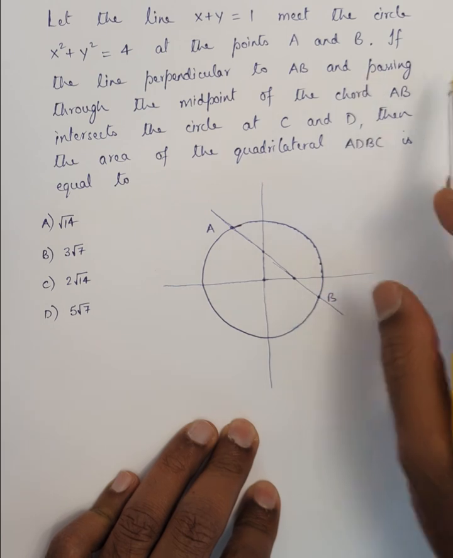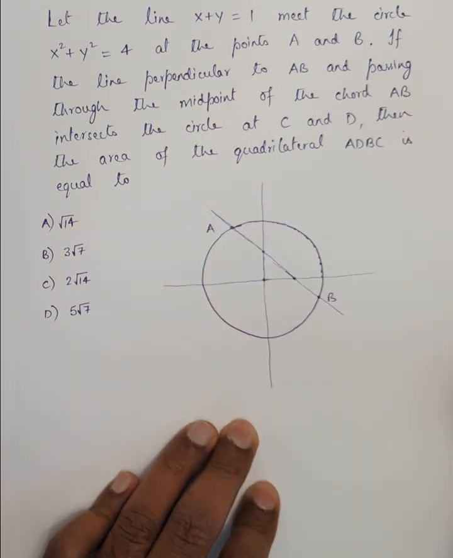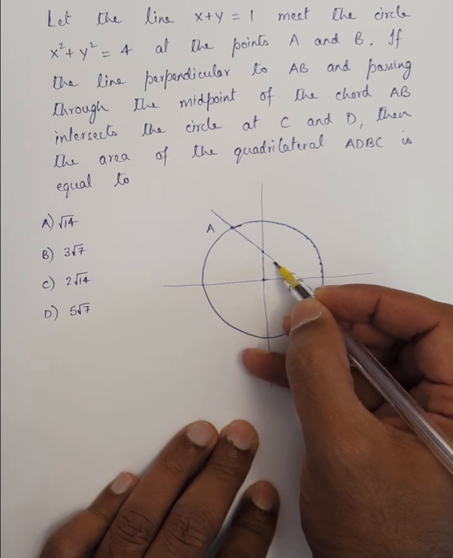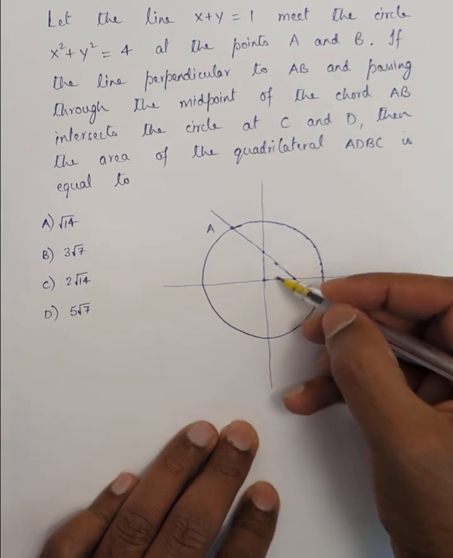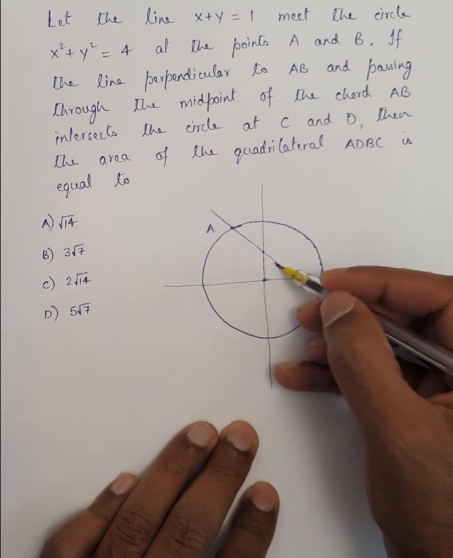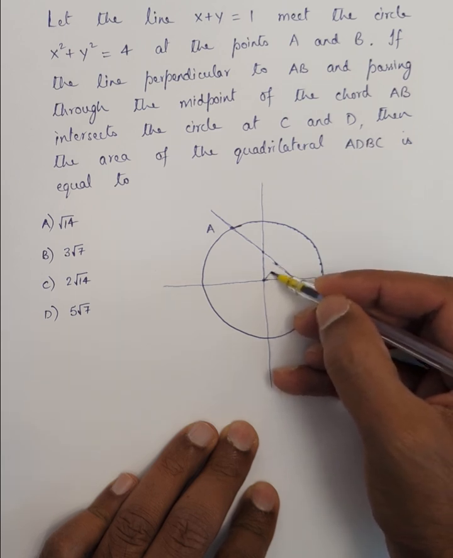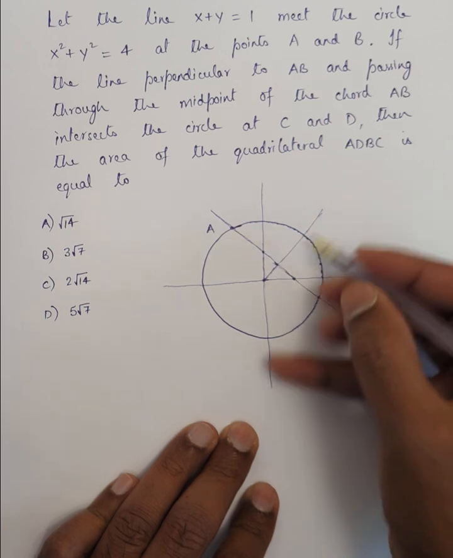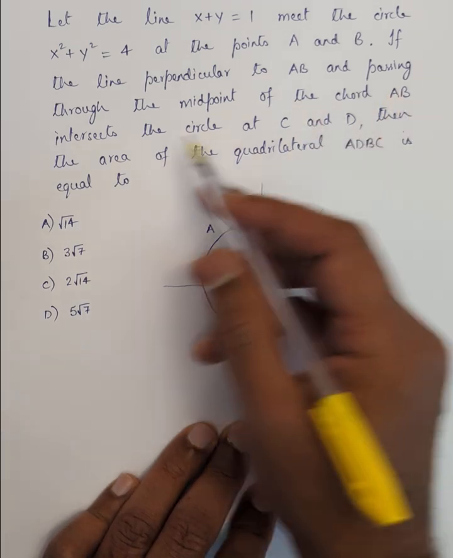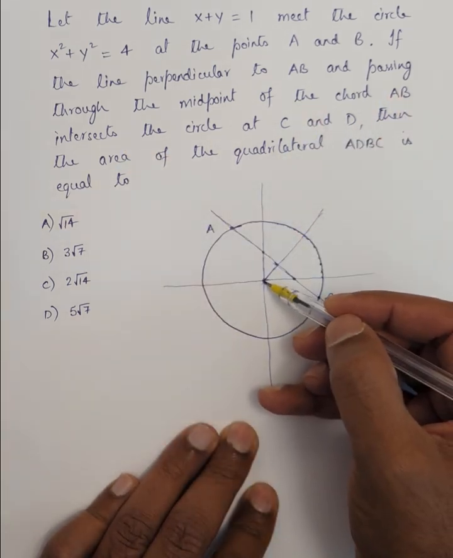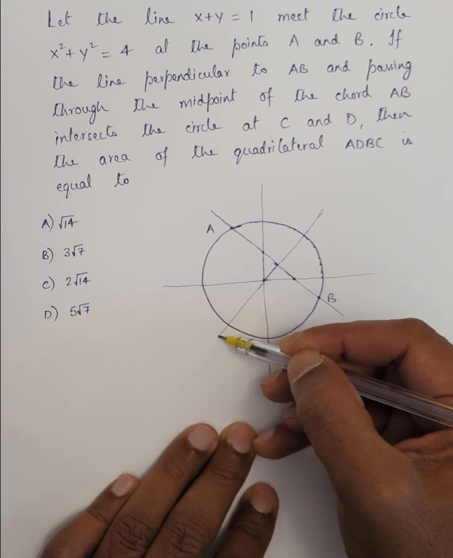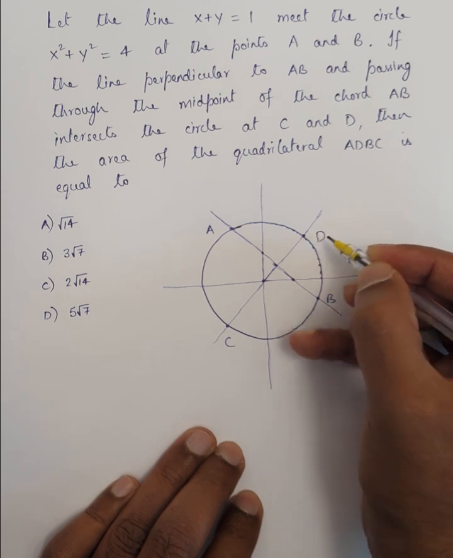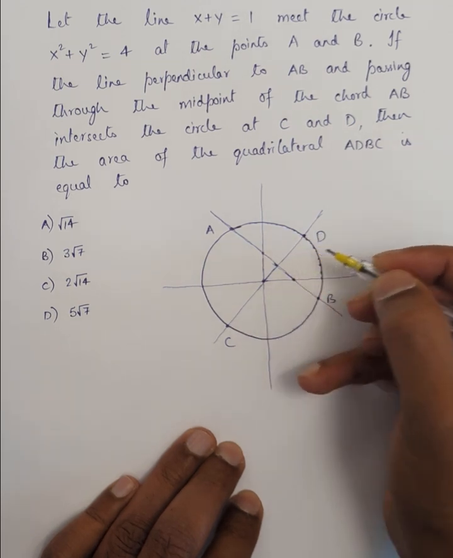If the line perpendicular to AB and passing through the midpoint of chord AB, so a line that's perpendicular to the chord will pass through the origin, will pass through the center of the circle, intersects the circle at C and D. So this is C and that is D. And notice CD is the diameter.